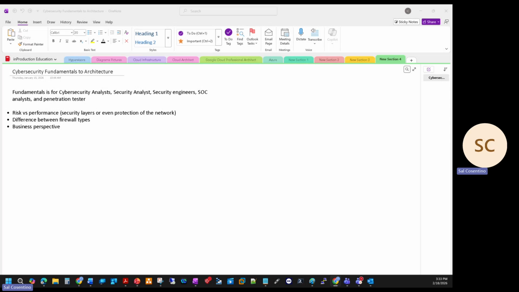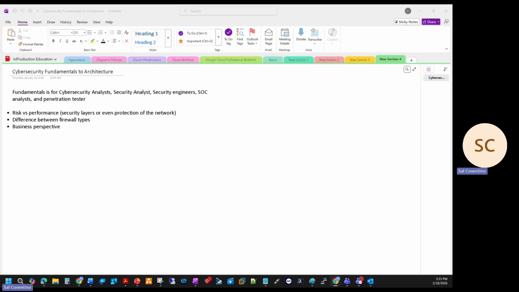It represents the trade-off between performance, visibility, operational complexity, and cost. From a business perspective and an architecture standpoint, security architecture should align with the organization's risk appetite, regulatory obligations, and objectives for growth.